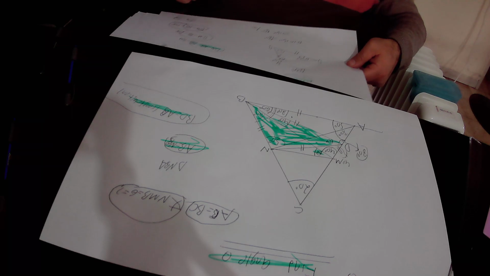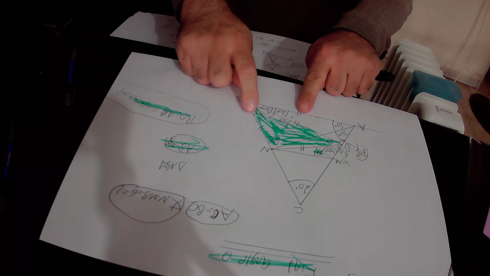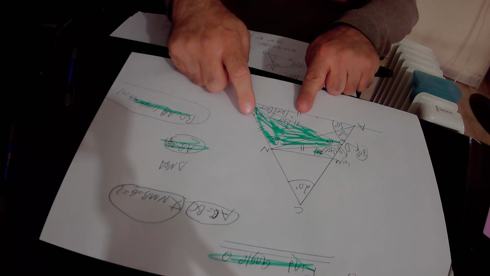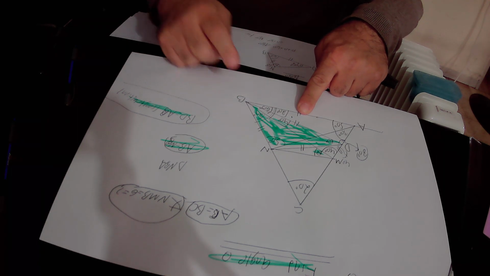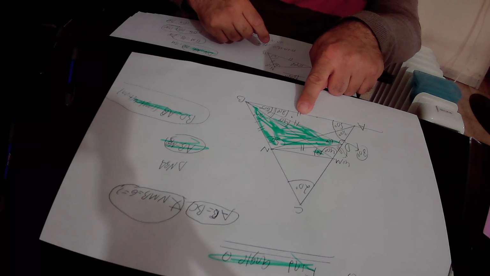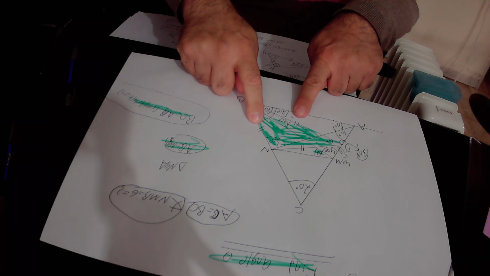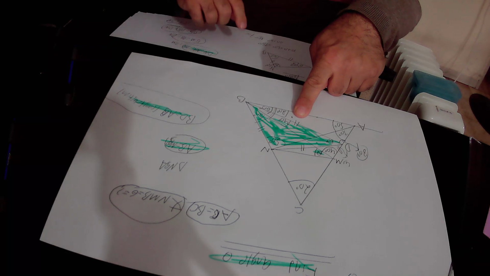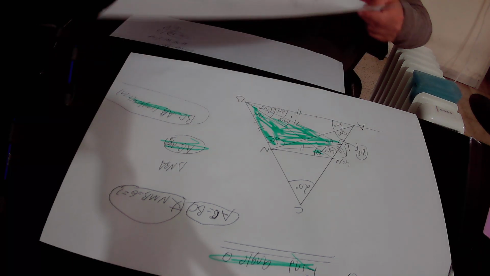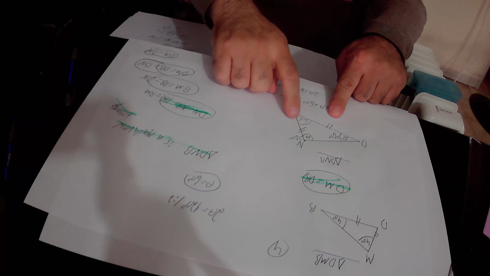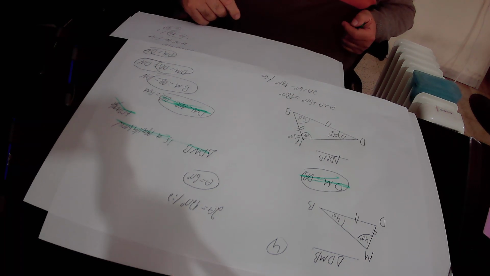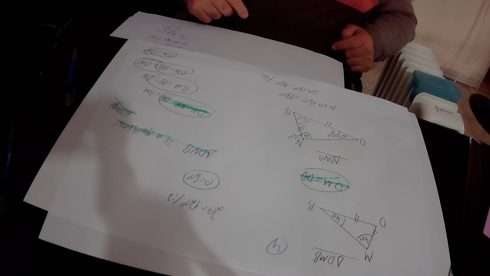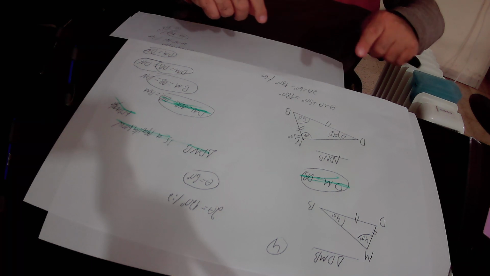And we found out that DB equals NB, those two sides are equal to each other. Again, we have the rule that in front of equal sides in a triangle there are equal angles.